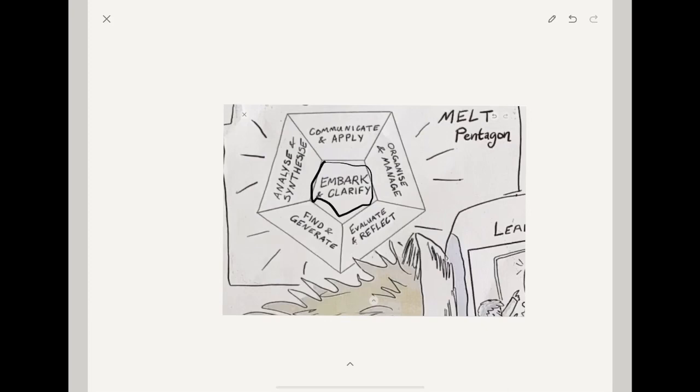And so this is a situation where the students have moved from a given purpose to starting to actually formulate their own hypotheses, which of course they could in the future test. So much is going on for Embark and Clarify. They also had to find information.